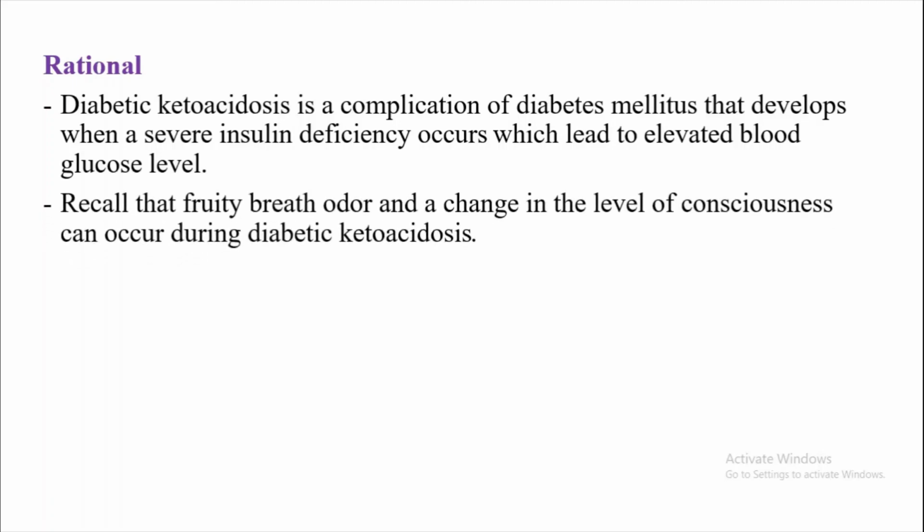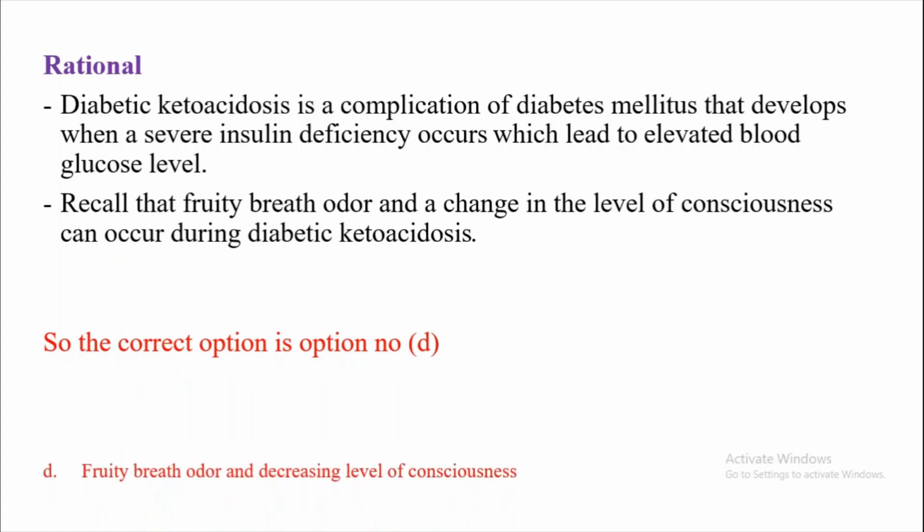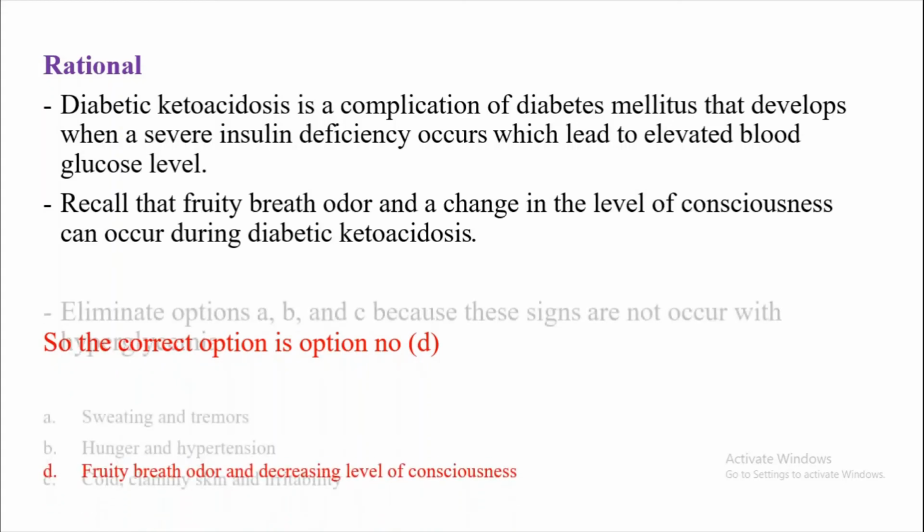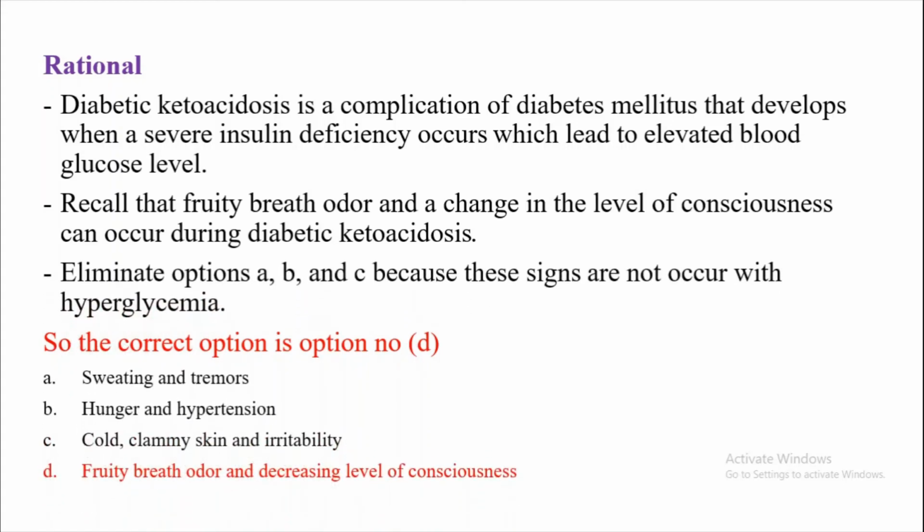Recall that fruity breath odor and change in level of consciousness can occur during diabetic ketoacidosis. So the correct option is option number D. Eliminate options B, A, and C. Why? Because these signs do not occur with hyperglycemia.